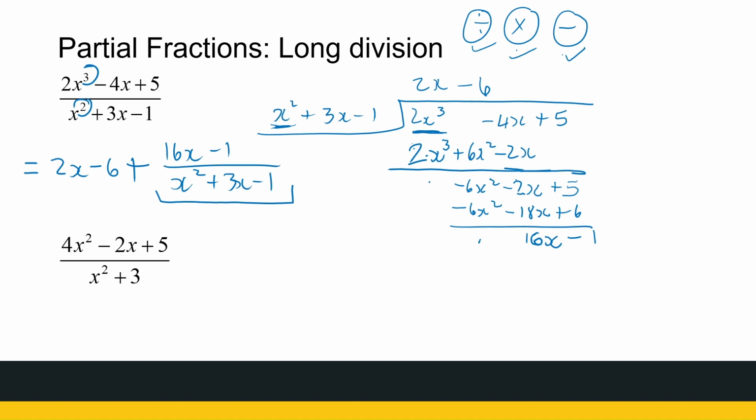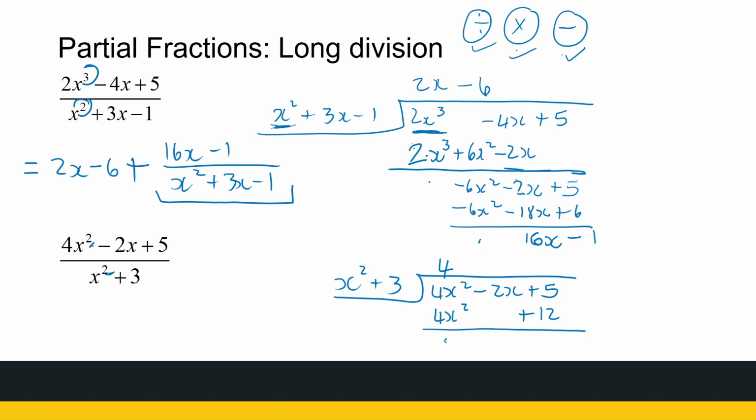All right, this next one, those degrees are the same. We have to do long division again, but it's going to be a quicker long division. x squared plus 3, I'm dividing into 4x squared minus 2x plus 5. So 4x squared divided by x squared gives me 4. I multiply, I get 4x squared plus 12.